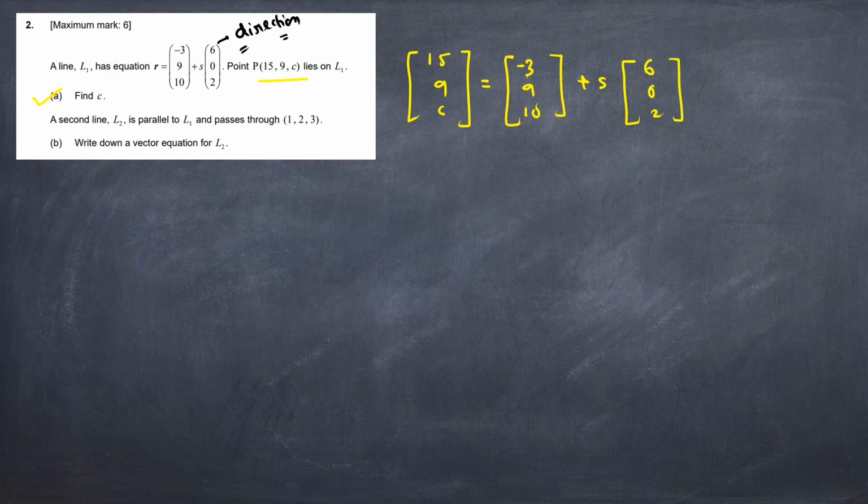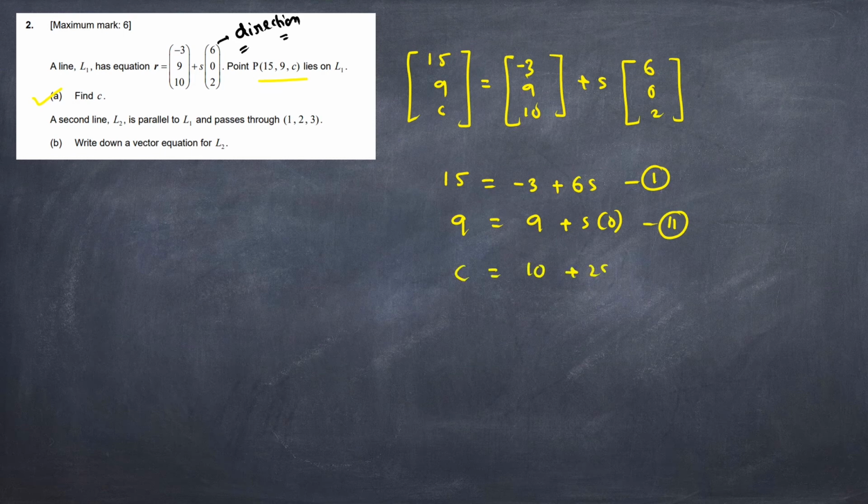So from these two parts, we can construct three equations. Just see what the equations are. 15 equals -3 plus 6s. This is equation number 1. After comparing this, we get 9 equals 9 plus s times 0. This is equation number 2. And the third equation is c equals 10 plus 2s. So these are the three equations.